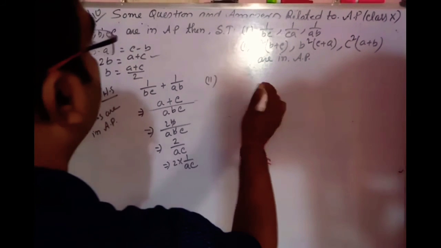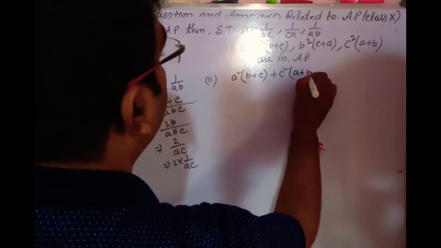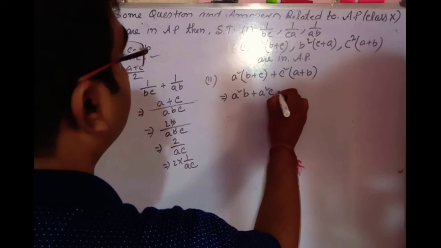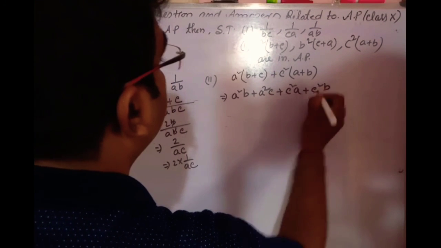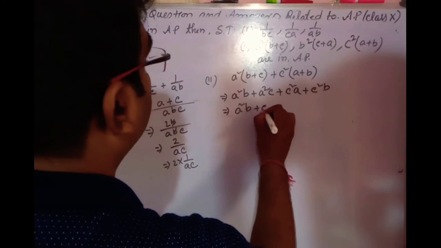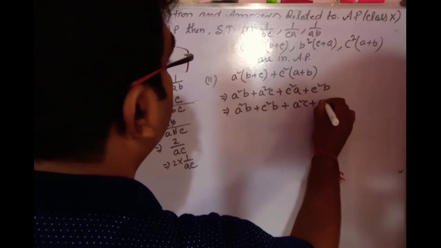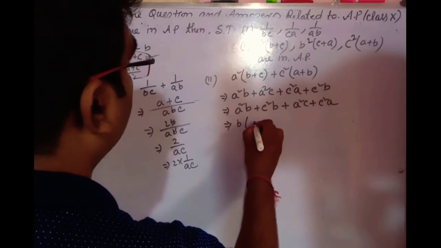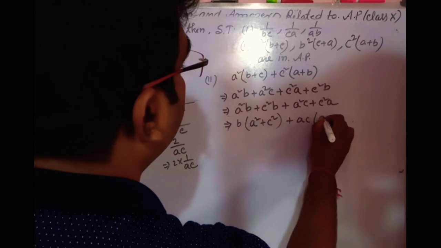Okay, so we have to do A square into B plus C plus C square into A plus B. A square B plus A square C plus C square A plus C square B. Now A square B plus C square B plus A square C plus C square A. Now from here, if we take B common, we are getting A square plus C square. If we take AC common, we are getting A plus C.